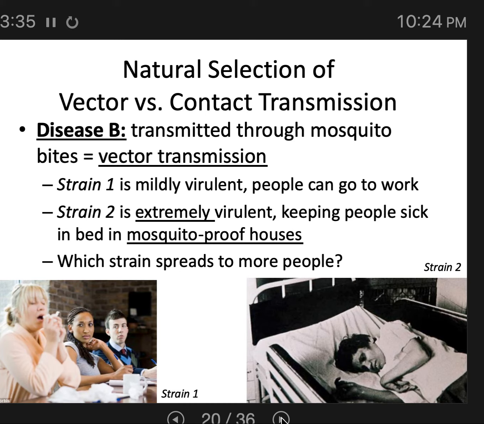People who have the mild version of the disease are out, exposed to mosquitoes, moving around. So it's not just how the pathogen is spread, it's also taking into account elements of the human environment. In places where there are no mosquito-proof houses, vector-borne diseases evolve towards harmfulness. Places with mosquito-proof housing, that's where you can see those diseases evolve towards mildness as well.